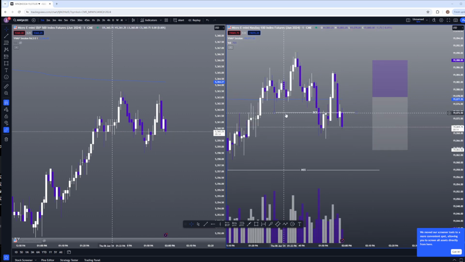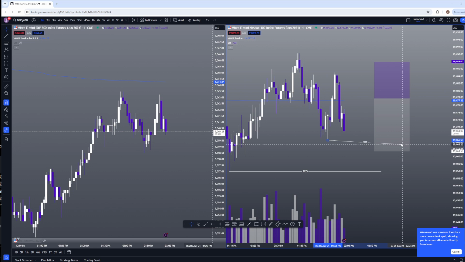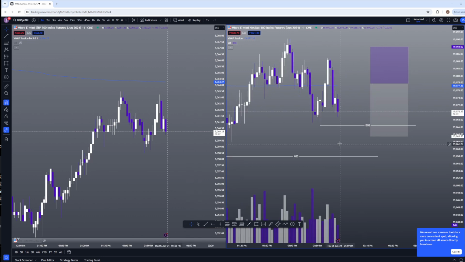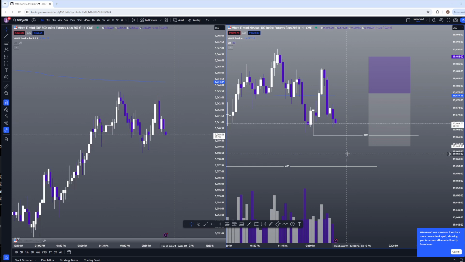So again, if we can take out this low, that would be another break of structure here. So let's see what we do.